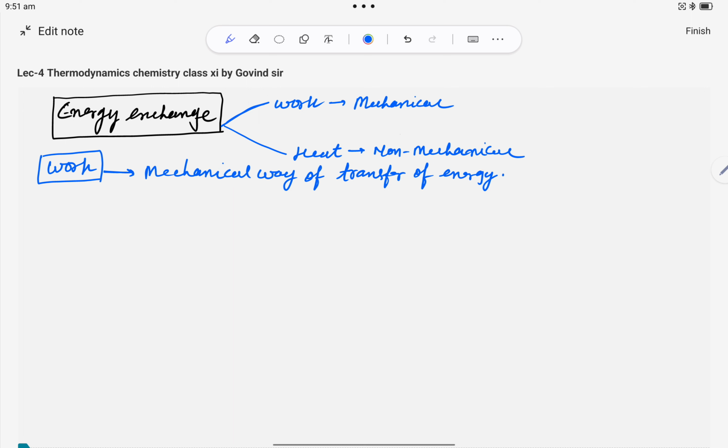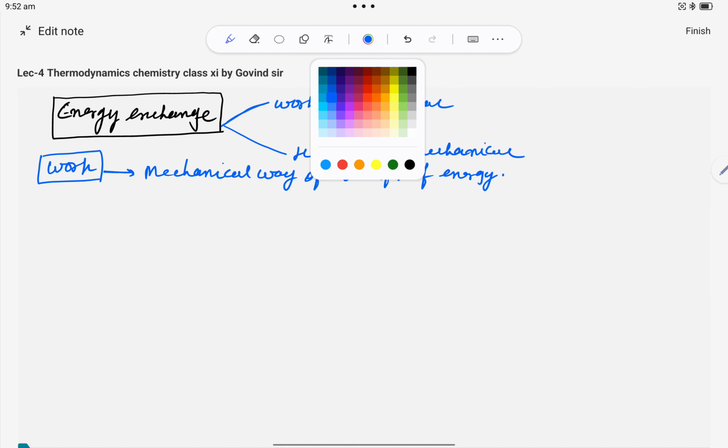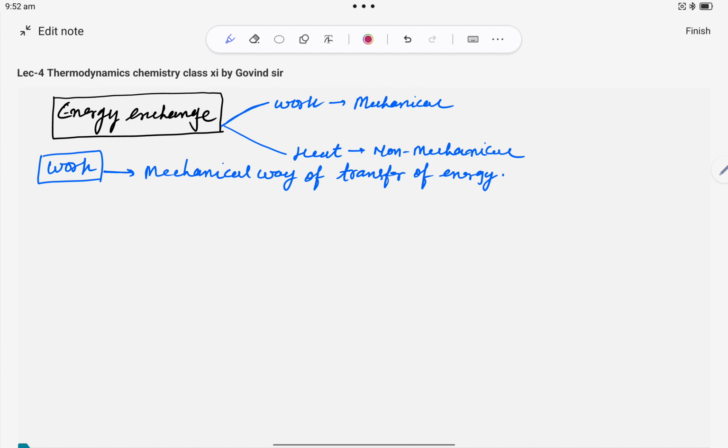We are going to discuss work, the mechanical way of transfer of energy.